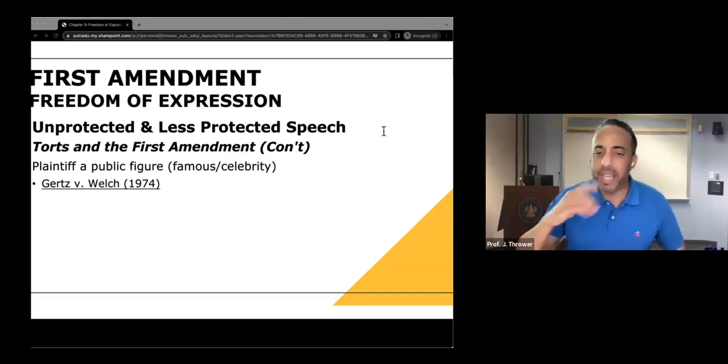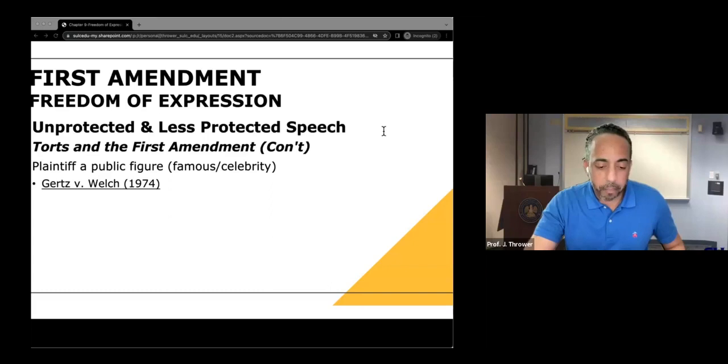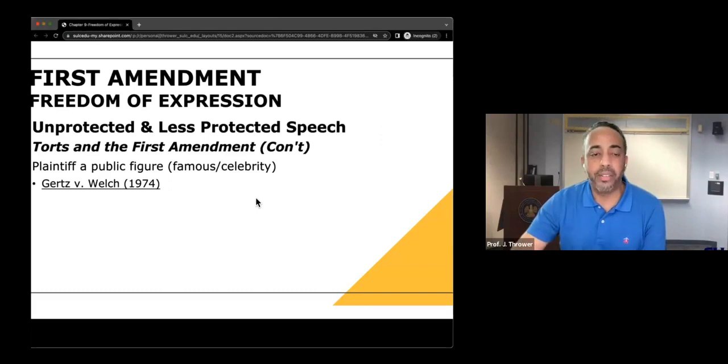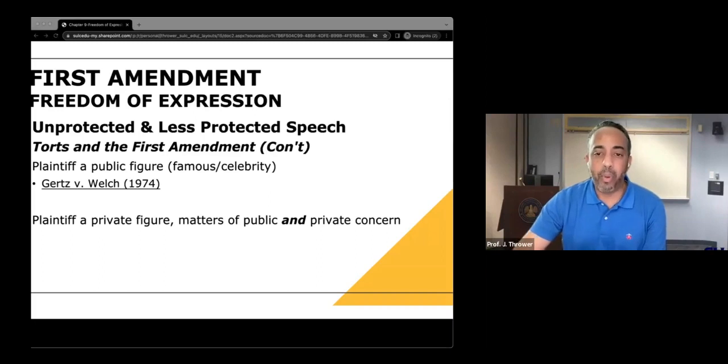And so you see in Gertz that there's this articulation of what is considered a public figure, but also, interestingly enough, Gertz articulated the standard for defamation recovery by private figures.